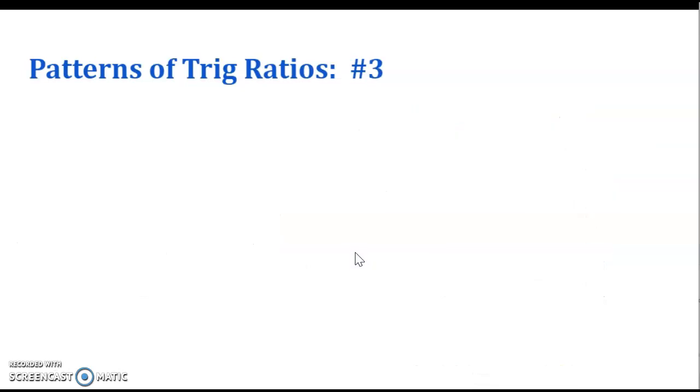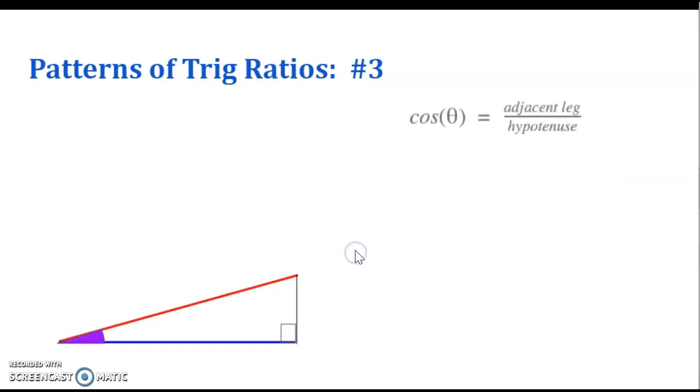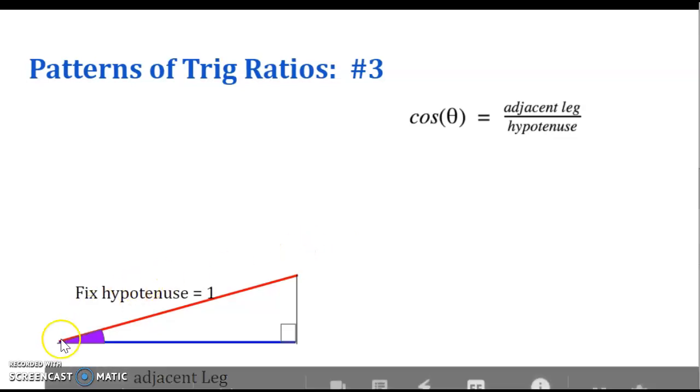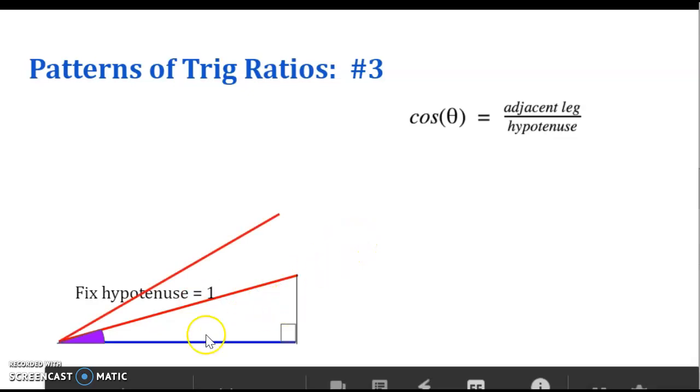And a third pattern you should have noticed is for cosine. Cosine is always adjacent over hypotenuse. So again, let's fix the hypotenuse to 1, and the adjacent leg is at the bottom relative to this purple reference angle. In the beginning, when the angle is really, really small, the purple is practically as long as the hypotenuse, but never quite long enough.